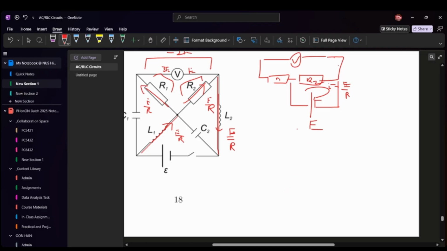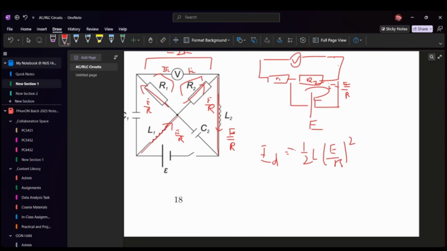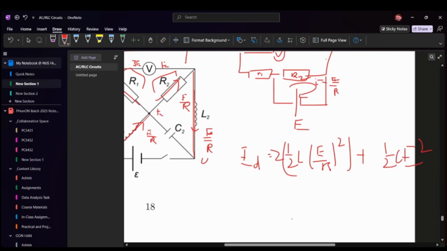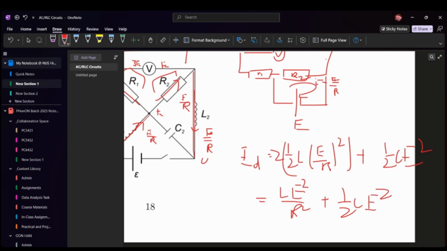So the energy dissipated is half L times (E over R) squared, times 2 because there are 2 inductors, plus the one stored by the capacitor initially, which is half C E squared, because the potential difference across it is also E. So that gives us L E squared over R squared plus half C E squared. That's your answer.